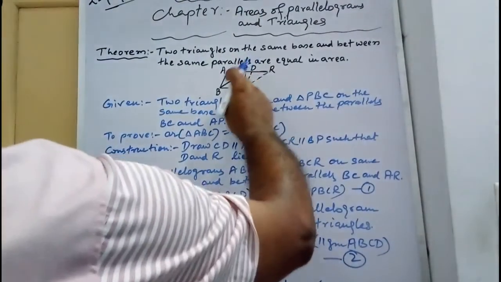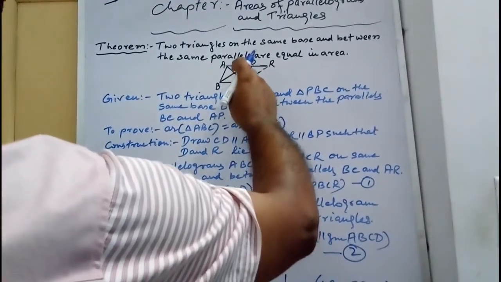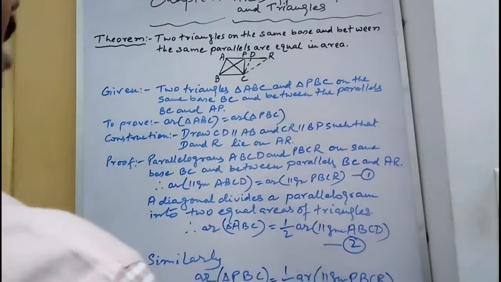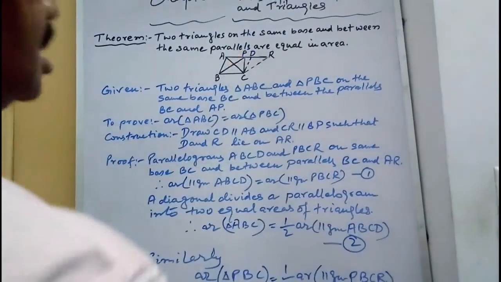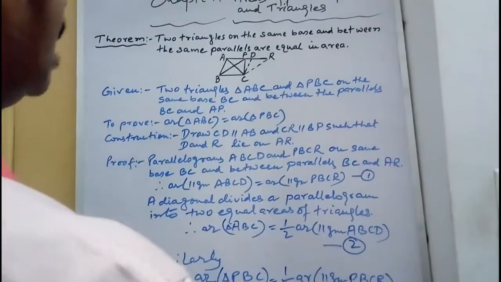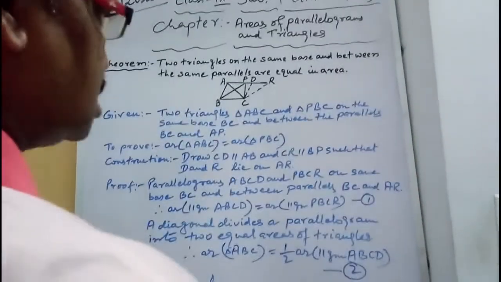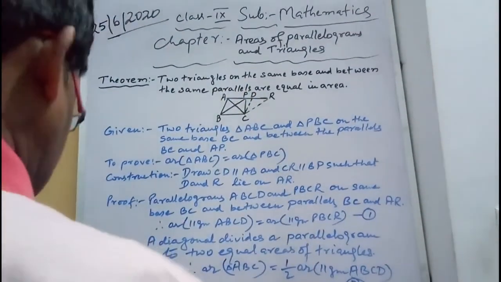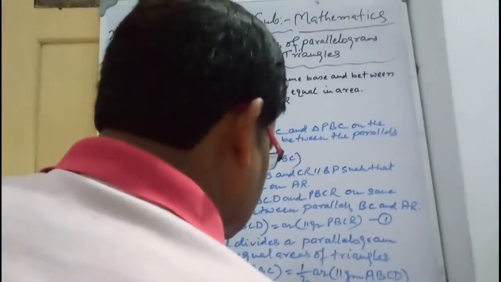This one PBC is half of PBCR, as CP is the diagonal that divides this parallelogram PBCR into two equal parts. So one part is half of the total. So take that one, 3.